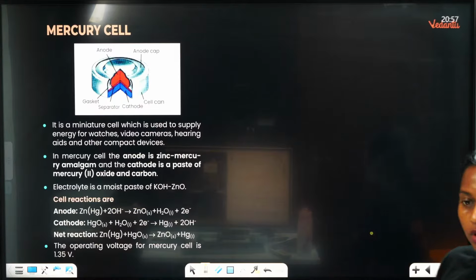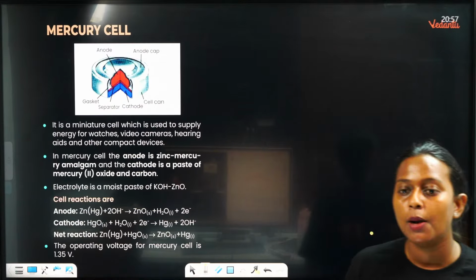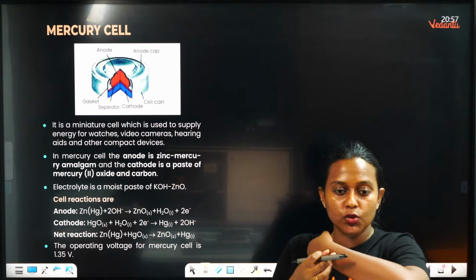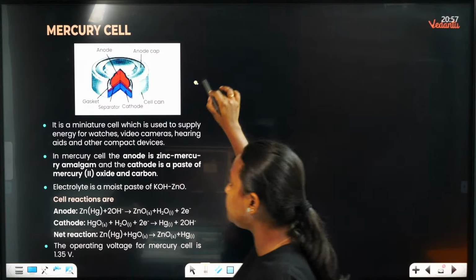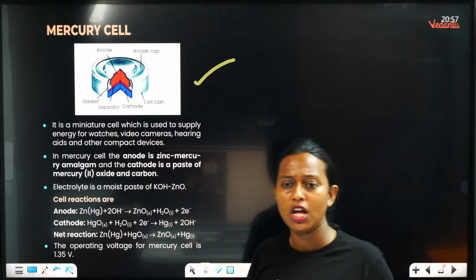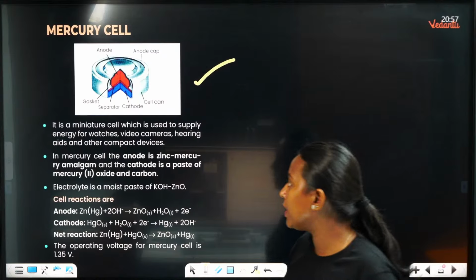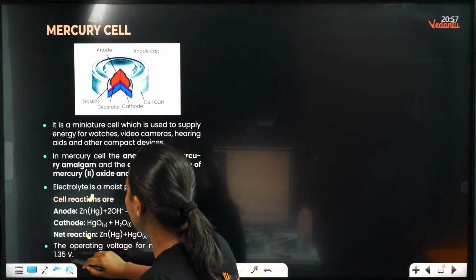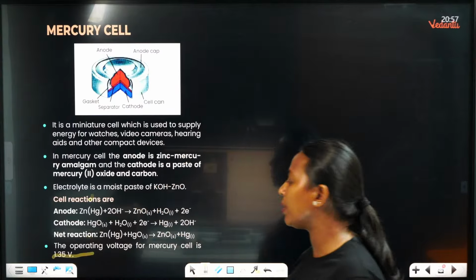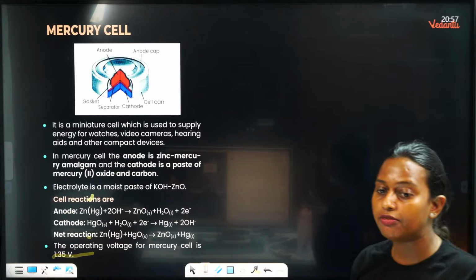Then next is the mercury cell. What is a mercury cell? The cell we normally use in analog watches is the mercury cell, and it is used in toys too. Here you can see the cathode reaction and anode reaction, and the potential is 1.35 volt.